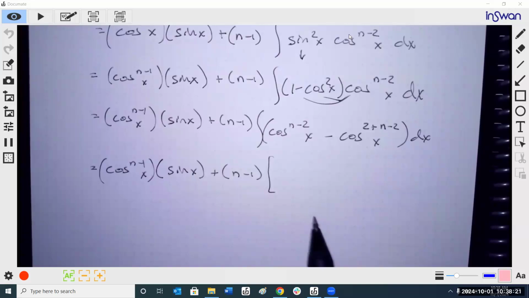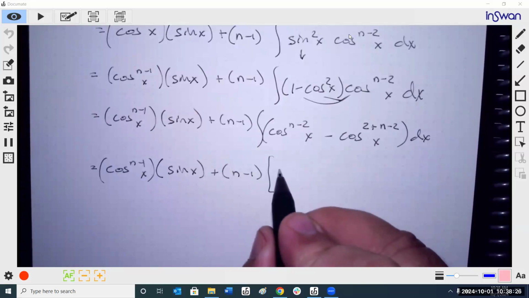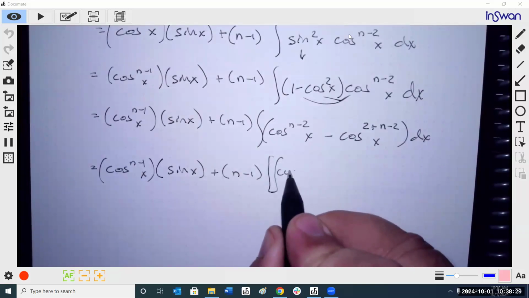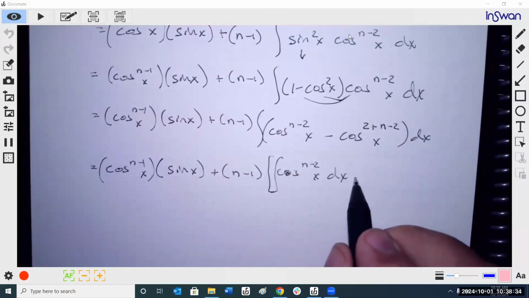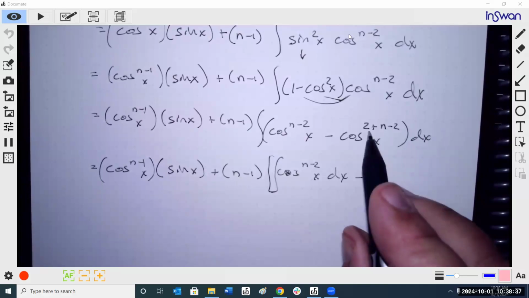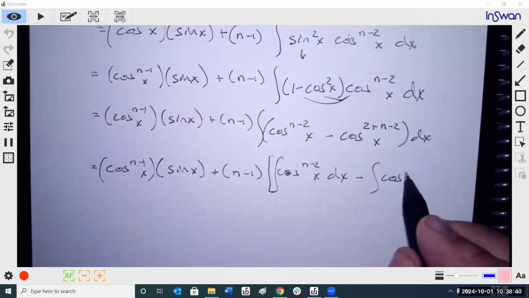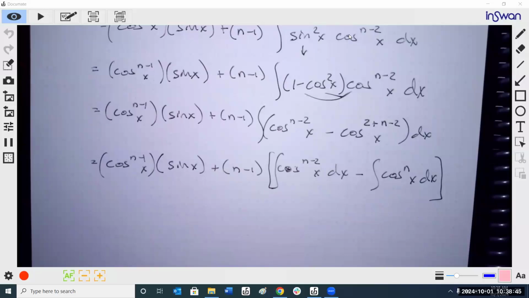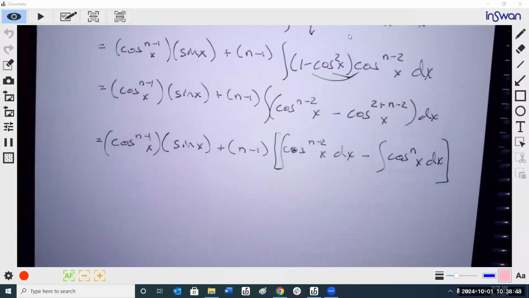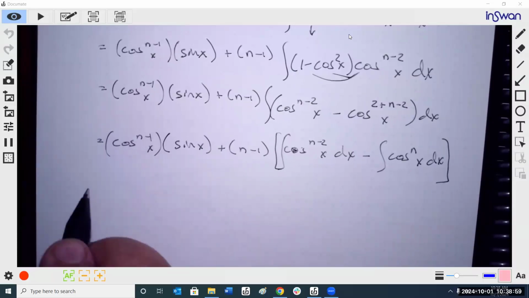Look at both of these separately now. The integral of cosine n-2 x dx minus the integral, the 2 minus 2 cancels, cosine n brackets.